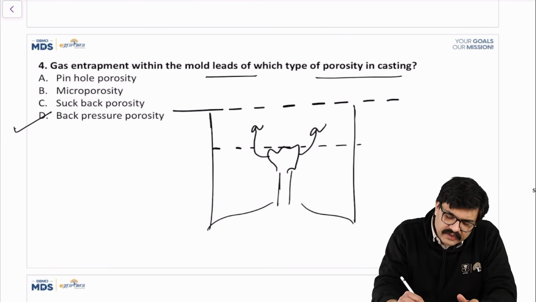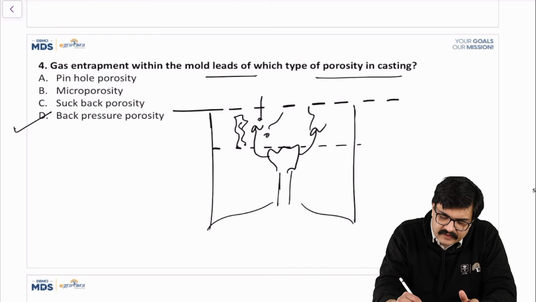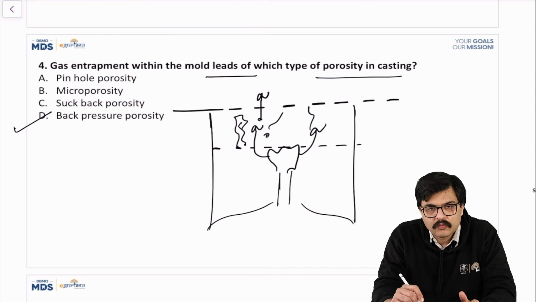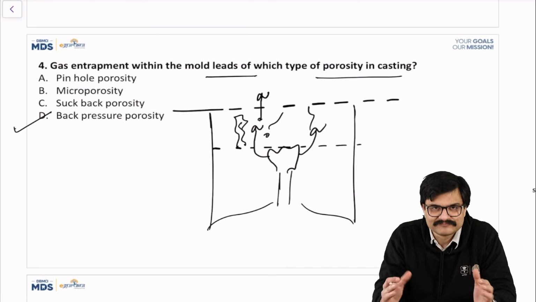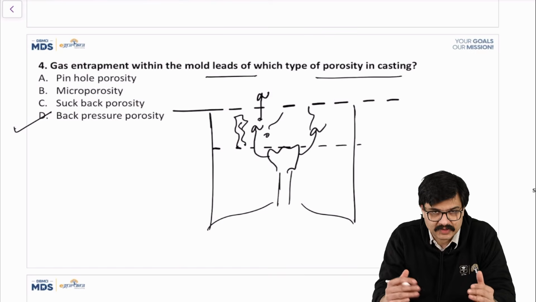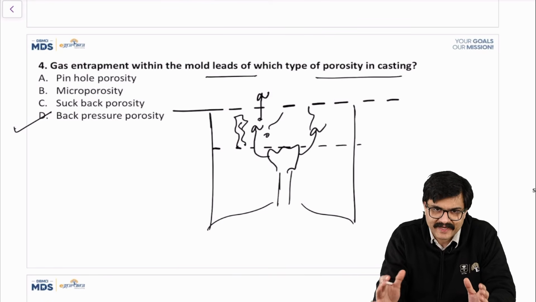So it is through the interconnected small pores in the investment material that this wax residue has to be vented out, right? Has to be flushed out, right? With heat during the wax burnout process. If that doesn't happen, then what happens?